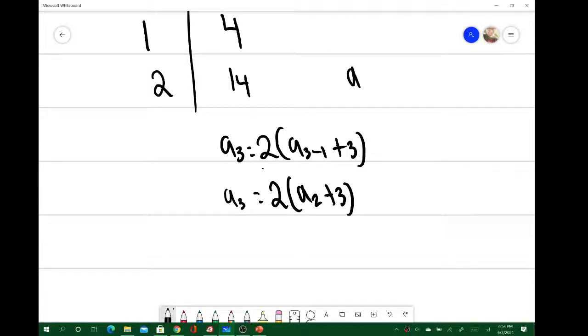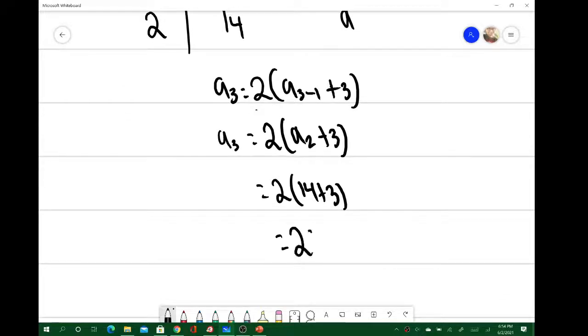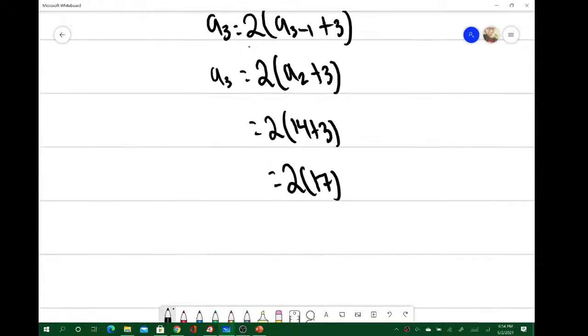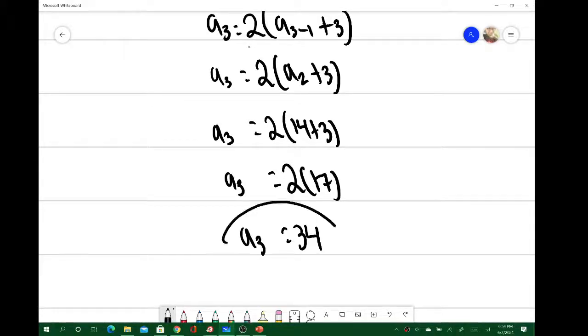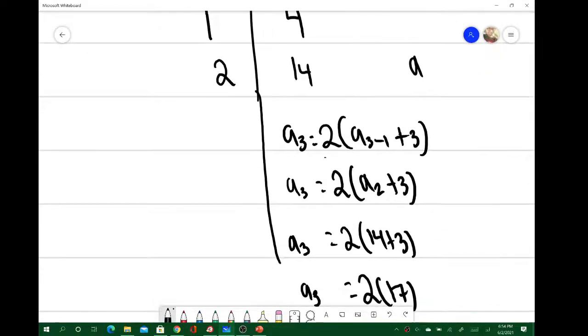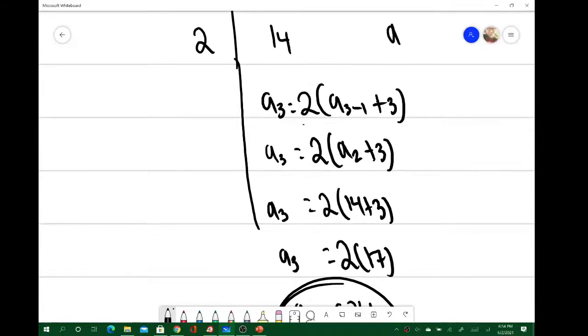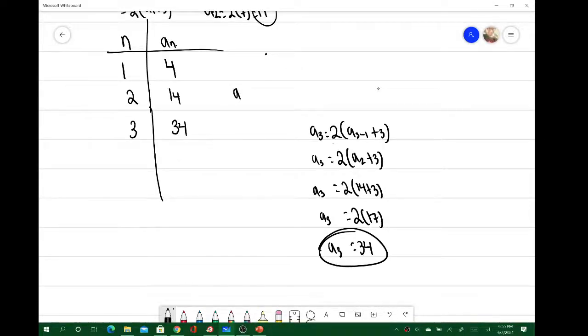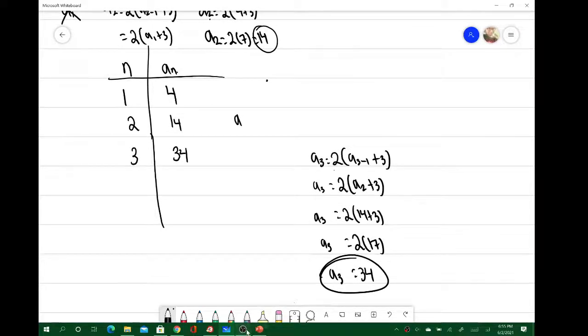Like I said, when n equals 2, a sub n is 14. So we say this is 2 times 14 plus 3. And then this is going to be 2 times 17, so it's going to be 34. So a sub 3 is 34.